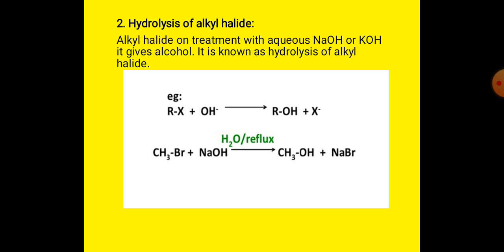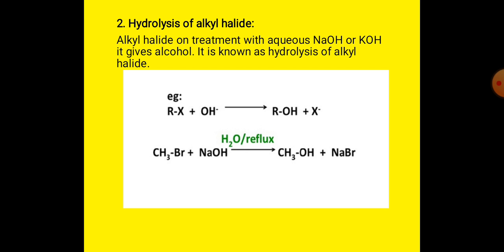So the general example of hydrolysis of alkyl halide is RX plus OH minus gives ROH plus X minus. The example is given below.